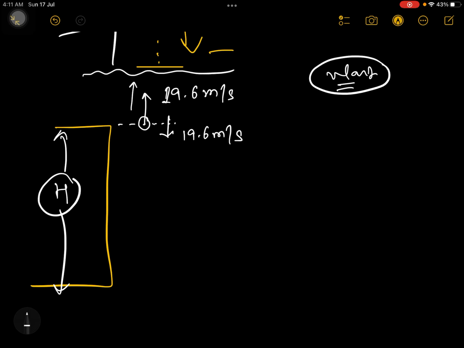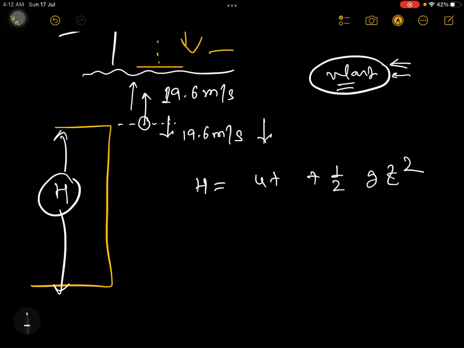So see, h I am looking for. What is the given data? Downward velocity is given. Now see what I am saying, downward velocity, not the speed, because speed is just a magnitude. So I will use this formula: height is equal to ut plus half gt square.